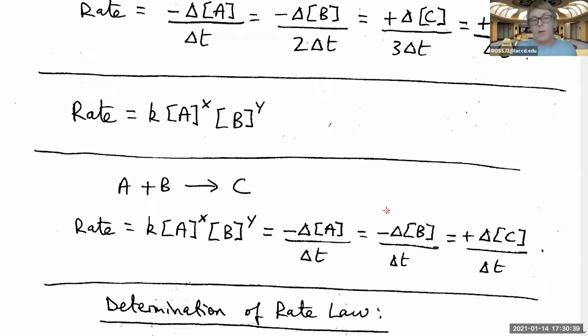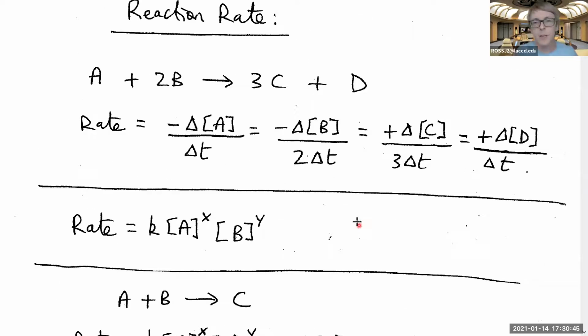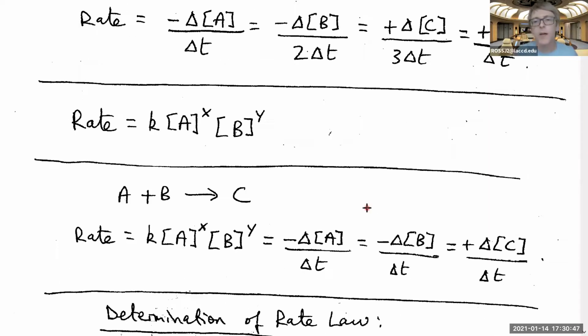interestingly and importantly, the rate expression and the rate law are equal. So here we have essentially the same expression we had above. So we can set them both equal.